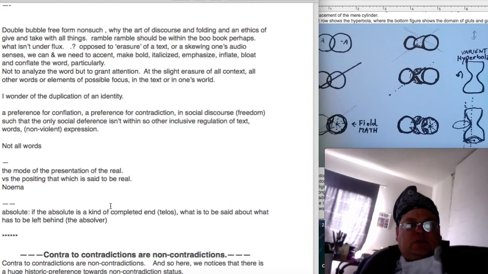We can and we need to accent, make bold, italicize, emphasize, inflate, bloat, and conflate the word, particularly not to analyze the word, but to give it great attention, at the slight erasure of all context, all other words or elements of possible focus, in the text or in one's world. I wonder of the duplication of an identity.